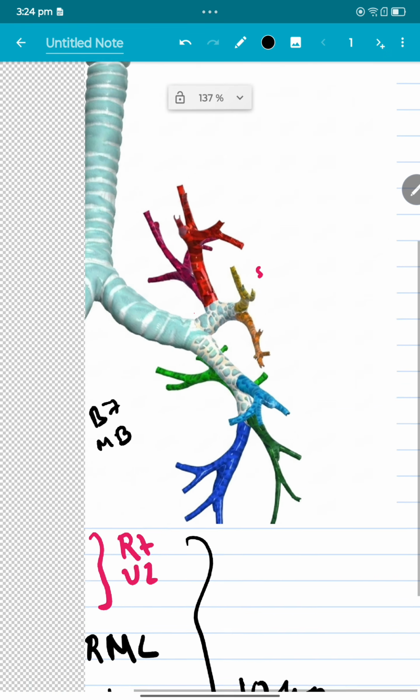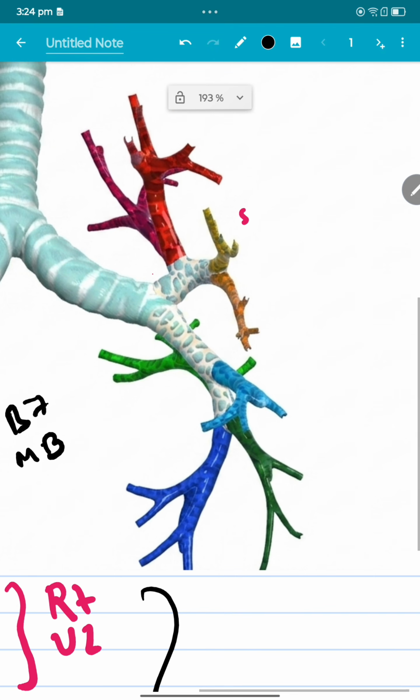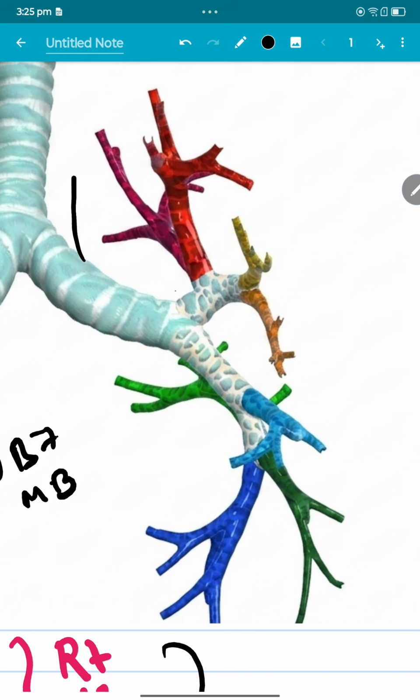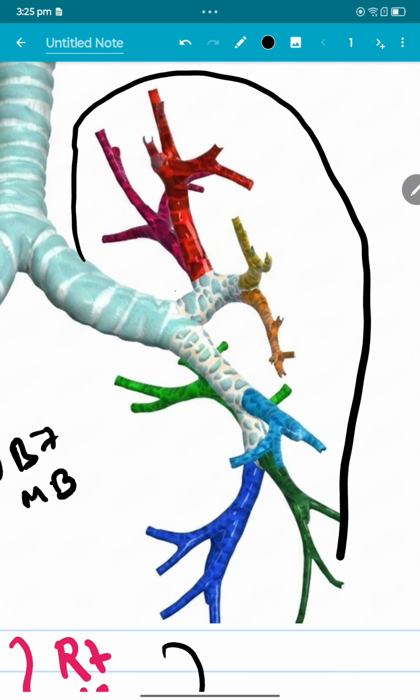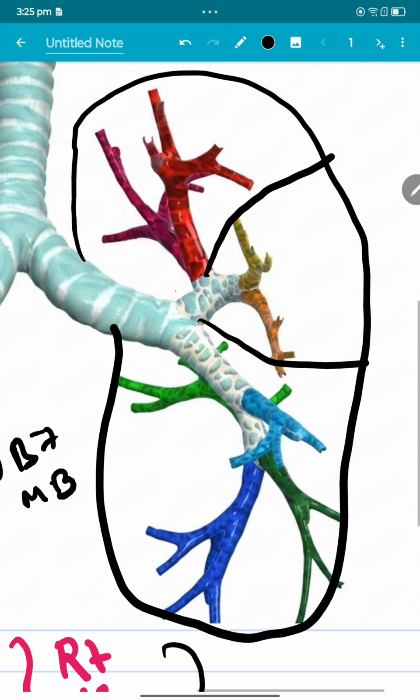Then on the left side, what do we have? Similarly, we have upper, middle and lower regions.